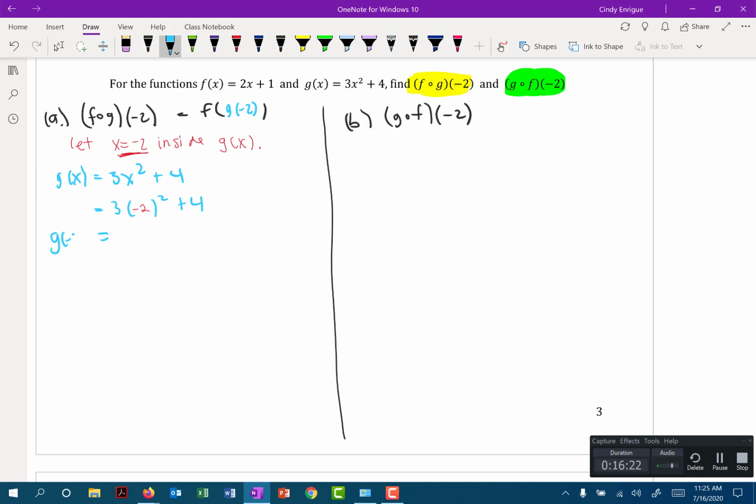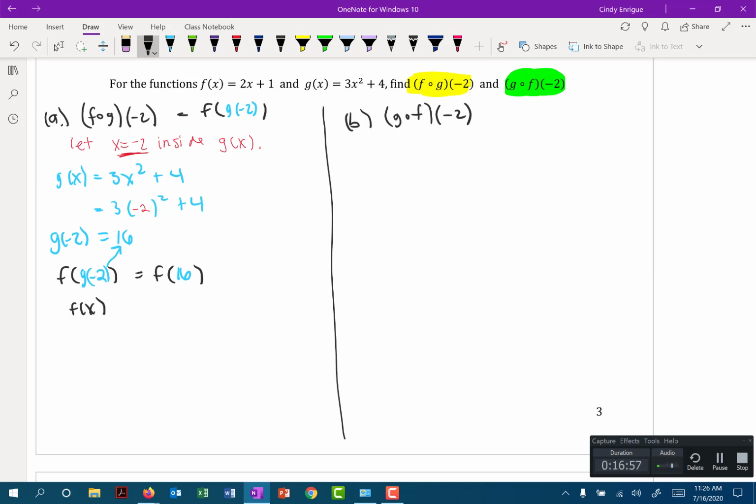So now g of -2, and you can do this on your calculator, 3 times -2 squared plus 4 is equal to a positive 16. So I know that g of -2 is equal to 16. So when I have f composed with g of -2, this is really saying f of, and since I already calculated that value, it was 16, then I just plug 16 into my f function.